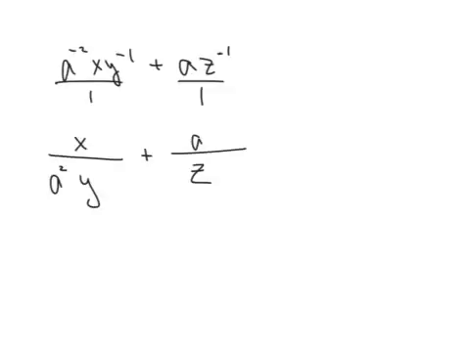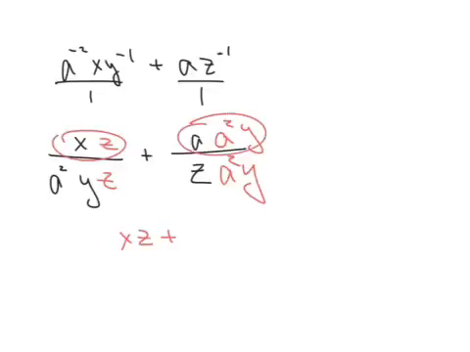Alright, so now I'm in the right format to add these things together, but I don't have common denominators. So what do I need over here that I have over there? A z. And what do I have here that I need over here? An a squared y. I'm going to multiply those.